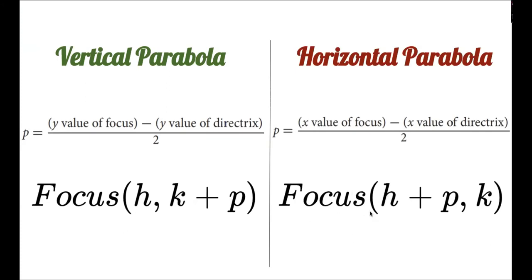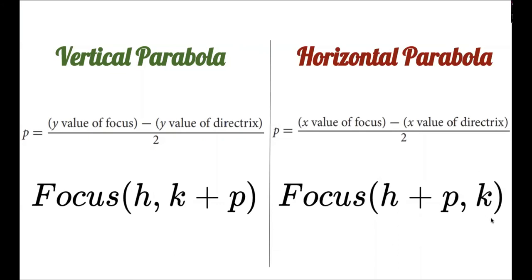Our focus is now h plus p, so the transformation is going to happen in our x direction. So p is in essence just in our x direction. It's all in our x direction. K is going to remain the same.